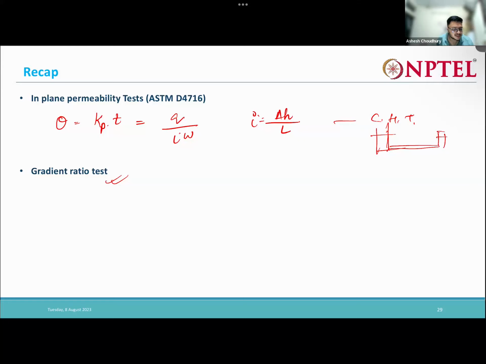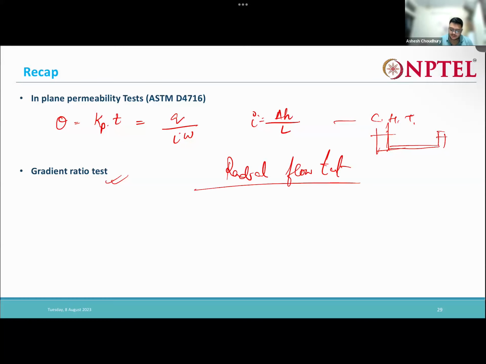But generally what happens, the permeability or the permittivity or the transmissibility, sorry, the transmissibility can be different in different directions. So for that, another test which is done, or which is better, is the radial flow test.